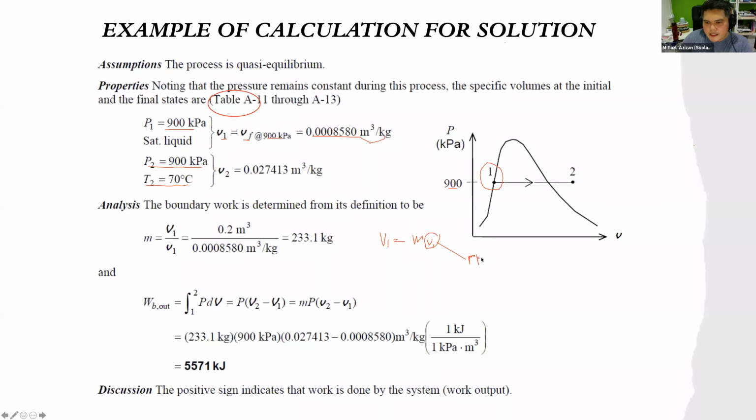But now m is unknown, but V1 is something that we know because V1 is actually 200 liter, also equivalent to 0.2 meter cube lah. So when we rearrange the equation, we get mass is equal to V1 over v1. Sebab this is meter cube, cancel with meter cube, then you'll get kilogram. So you get your mass as 233.1 kilogram.